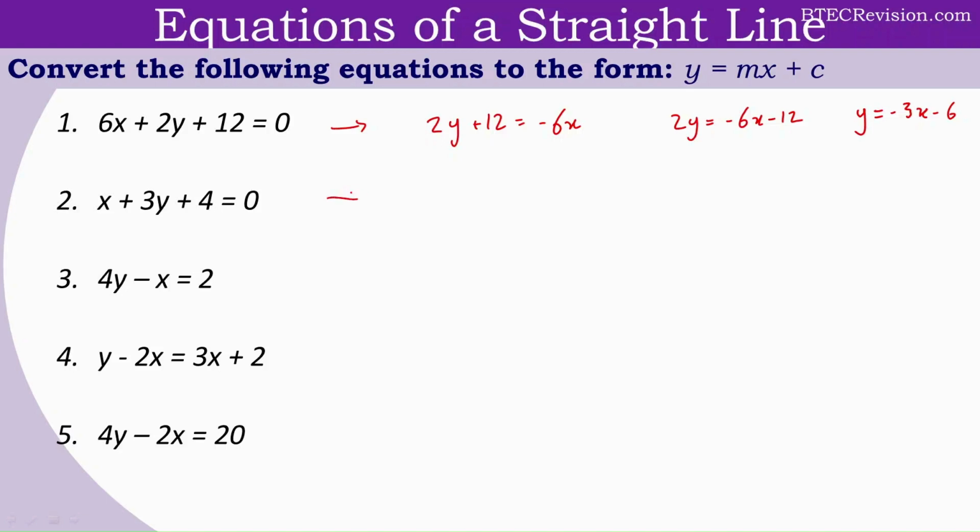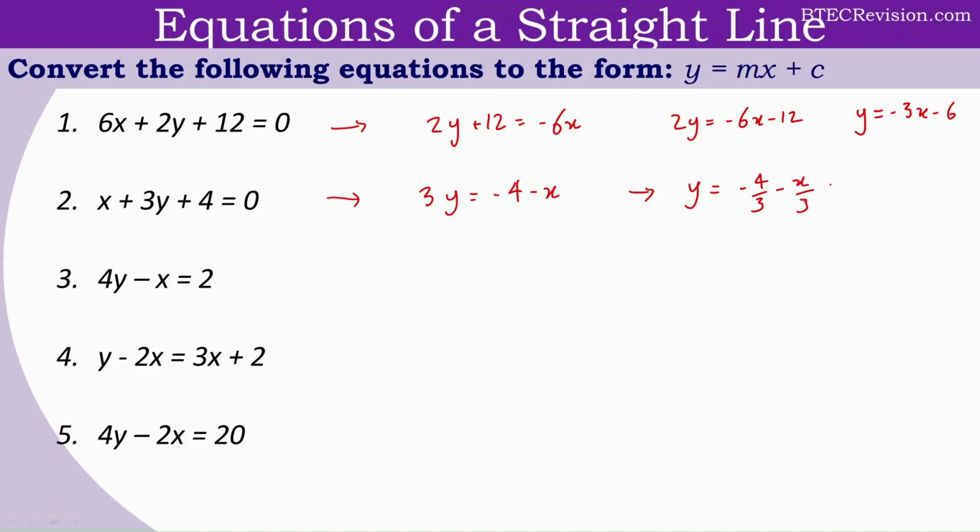For question number 2, we will take away x and the 4. That would give us 3y is equal to take away 4, take away x. Then we would divide both sides by 3. Therefore, y is equal to negative 4 over 3, take away x over 3.